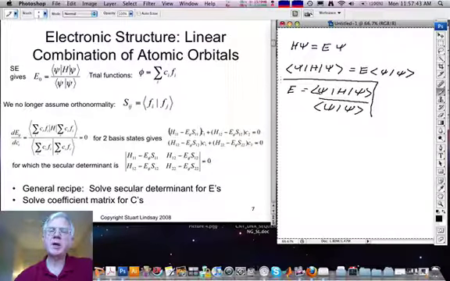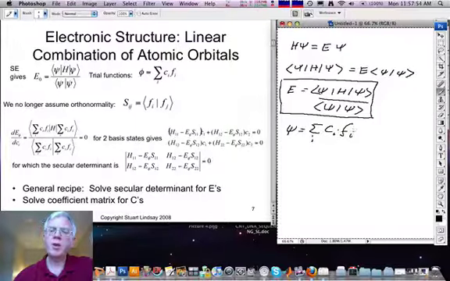Now suppose we use an approximate expression for the correct ground state wave function, where the Fi's are atomic orbitals, and we're going to add up as many as we need to get a correct description of the molecular orbital.